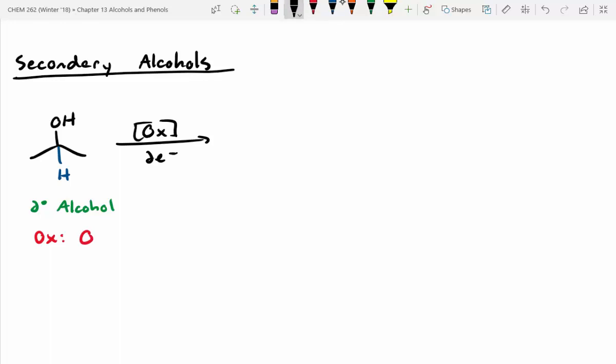What do you think our product will be from a 2-electron oxidation, following the same trend as above? What functional group will we make? Ketone, absolutely. And we go to an oxidation state of +2.